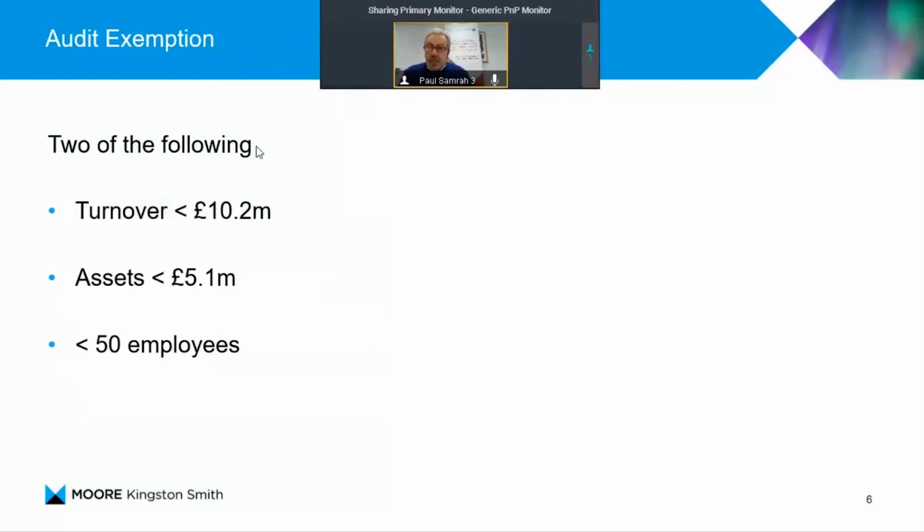If the shareholders in excess of 10% shareholding require one, then you would have to have an audit. But provided they don't, then you're below the limits. You will not need to have an audit. You still need your accounts prepared and submitted to the Registrar of Companies, Companies House, compliant with the Companies Act, but your set of accounts will not contain an audit report.